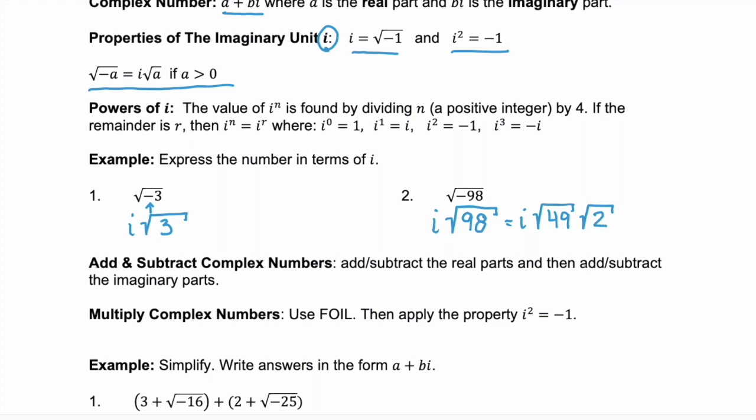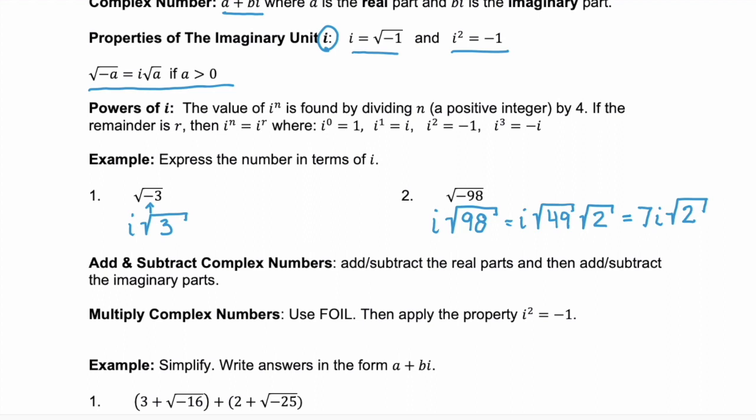So we have two separate square roots, one with a radicand of 49 and one with a radicand of 2. 49 is a perfect square. Square root of 49 is 7. So that comes out of the square root as 7. We have our i, and we're left with the square root of 2. So the simplified form of square root of -98 is 7i square root of 2.